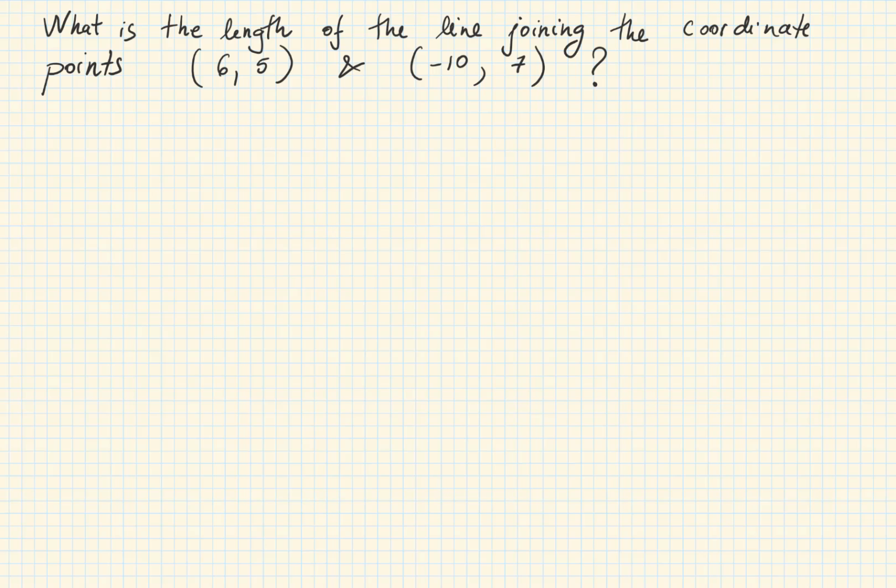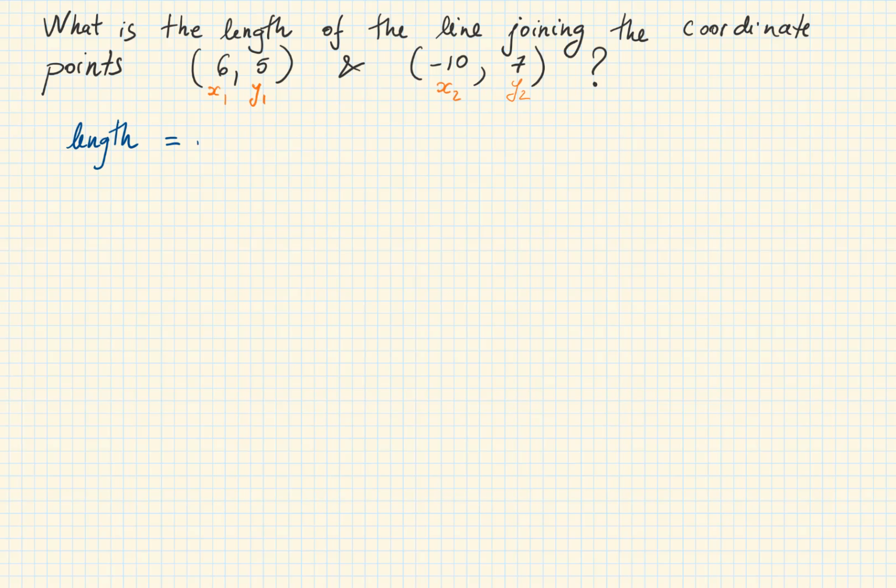To work out the length of a line joining two coordinate points, as we have seen in the previous example, we can use Pythagoras' theorem. Now what we're going to do is generalize it in this example and use the formula. First of all, I'm going to start by labeling the points x1, y1, x2 and y2.